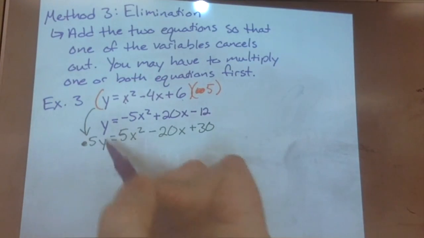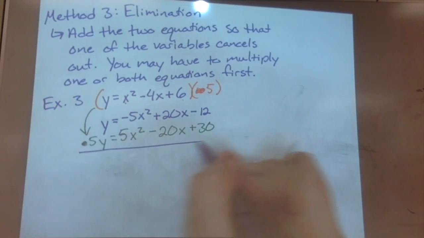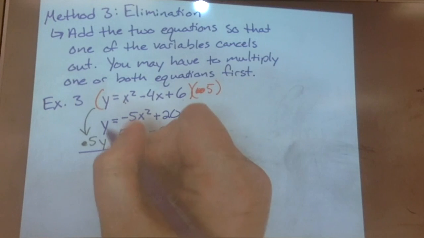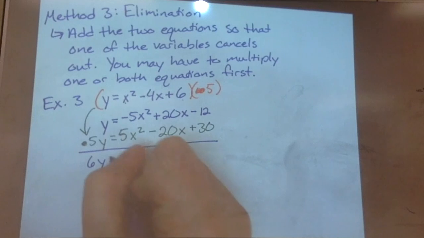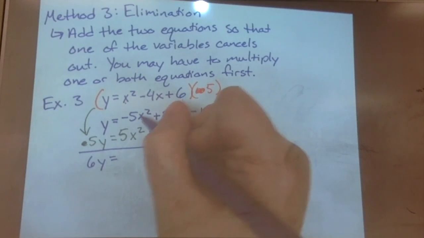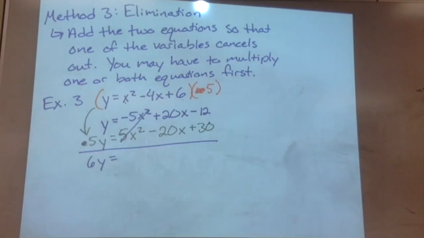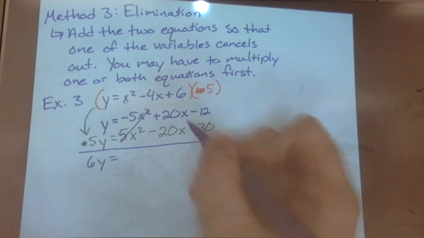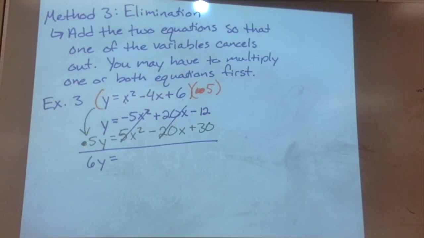Now if I add this first equation and the second equation together, y plus 5y is 6y. But then negative 5x squared plus 5x squared, they cancel. 20x minus 20x, those cancel.